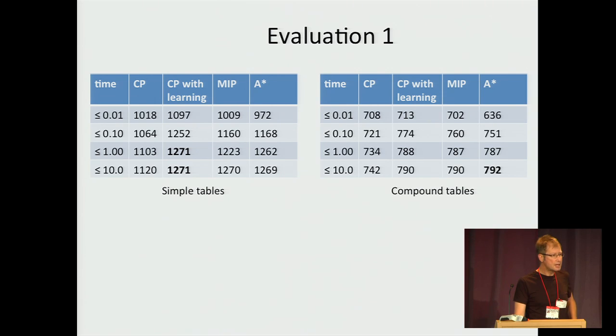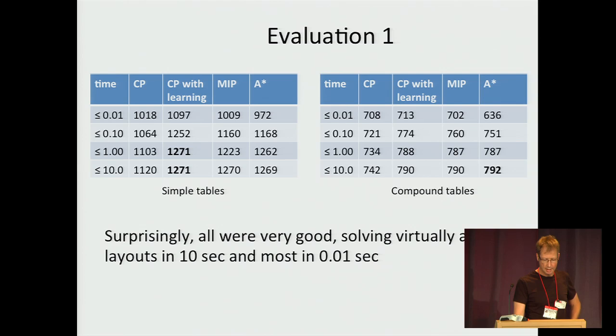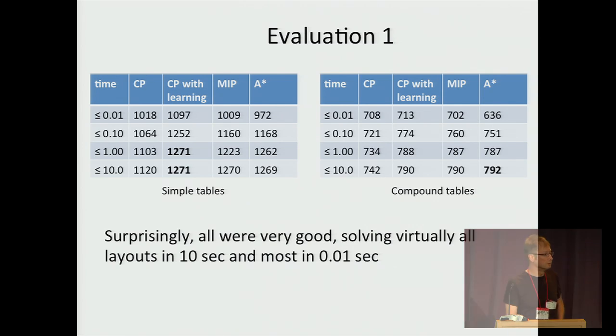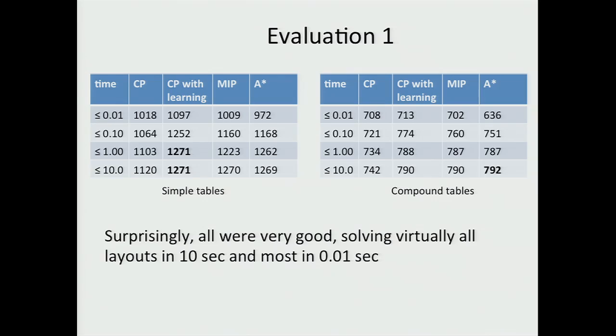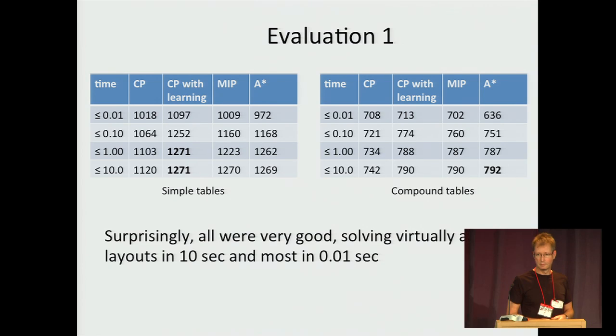So I think what's surprising about this is that all methods were very good, actually. Remember, these were the hard problems. We already took 50,000 tables and found the hard problems out of those. And then pretty much all of these instances could be solved by all of the techniques in less than 10 seconds, and most in less than 1/100th of a second.